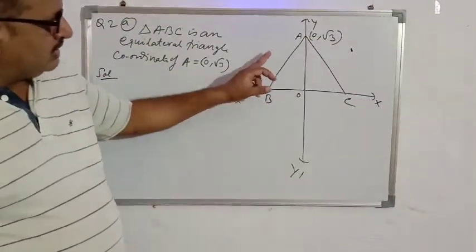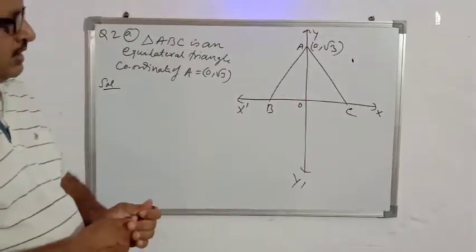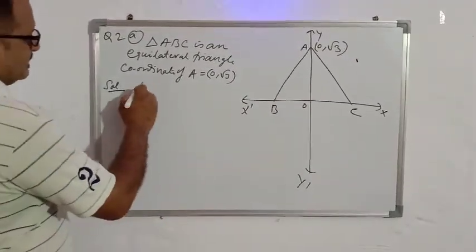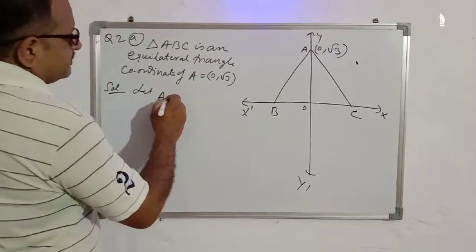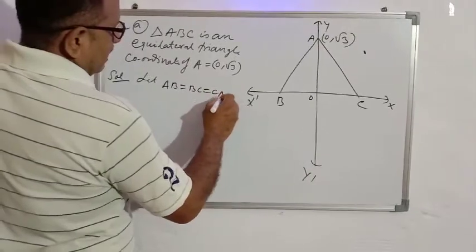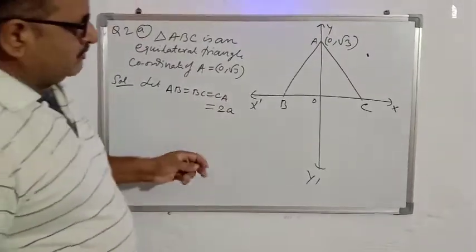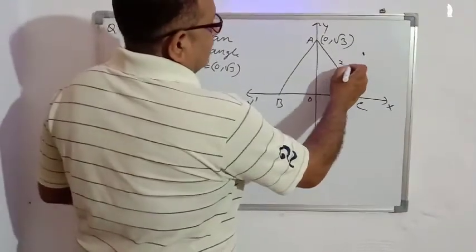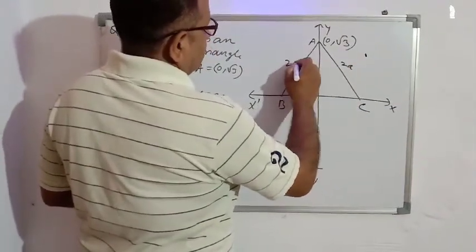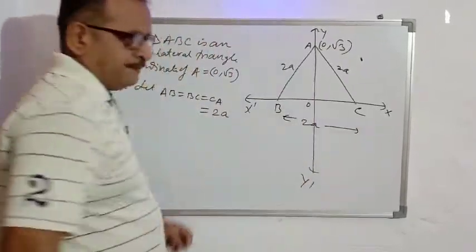We know that in an equilateral triangle, all three sides are equal. So we can suppose AB, BC, CA are equal to 2a. We suppose that all three sides are equal to 2a, so BC will also be equal to 2a.